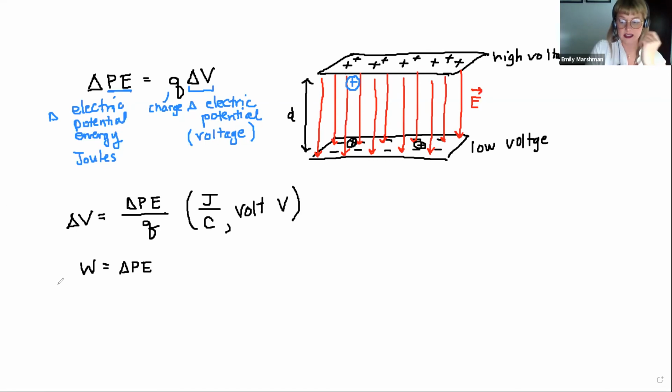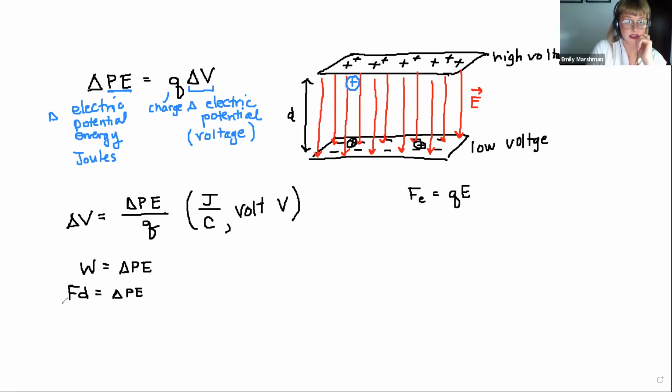The work I did has to be equal to the force multiplied by the distance. Remember, work is equal to FD. And the force that I have to exert here is the force that this charge feels in the electric field. And if you remember, the electrostatic force in this electric field is equal to QE.